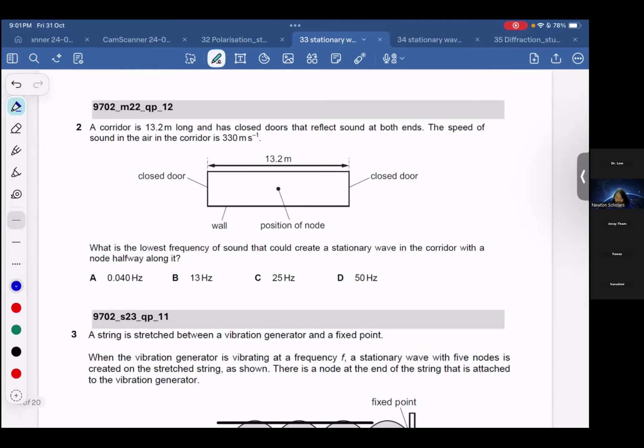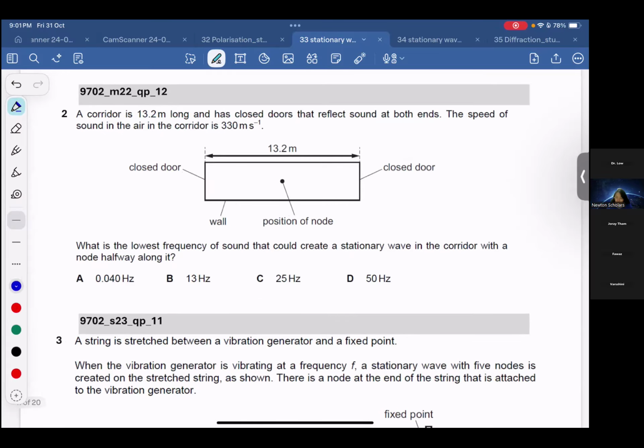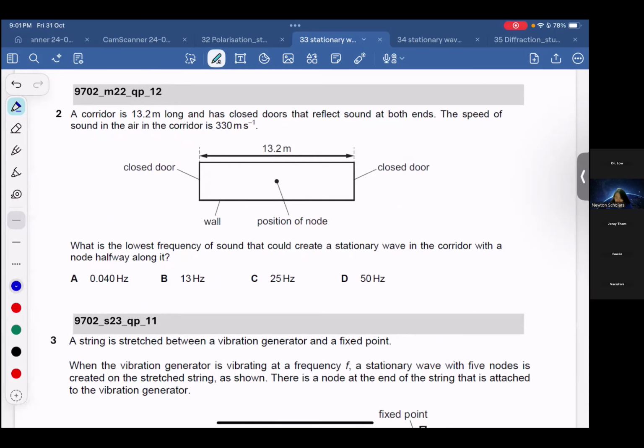A corridor is 13.2 m long and has closed doors that reflect sound at both ends. So both ends are closed, which means each end must be a node. The speed of sound is 330 m s^-1, so this is V. What is the lowest frequency?